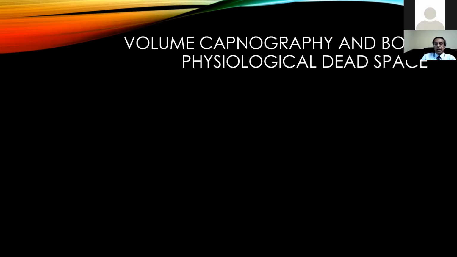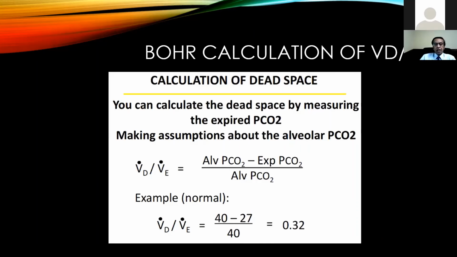Now, volume capnography and Bohr's physiological dead space. We all know that Bohr's initial physiological dead space calculation was the alveolar PCO2 minus expired PCO2, divided by alveolar PCO2, and roughly is about 0.3.